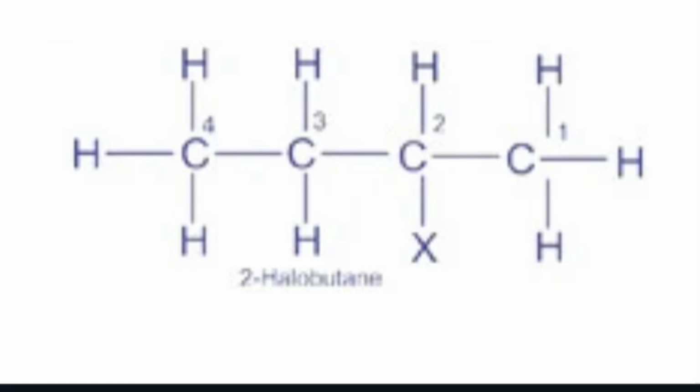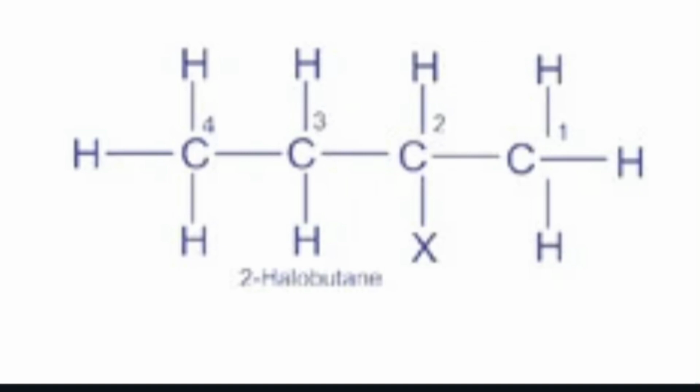If it is numbered from the left side, then the halo group gets the third number. But if we give the numbering from the right side, then the halo group gets the second number.